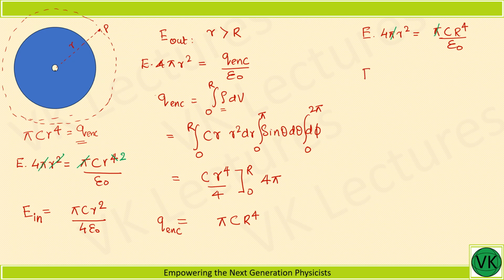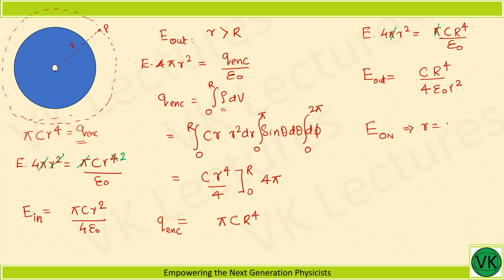So electric field is equal to C R to the power 4 by 4 epsilon naught r square. This is E out.